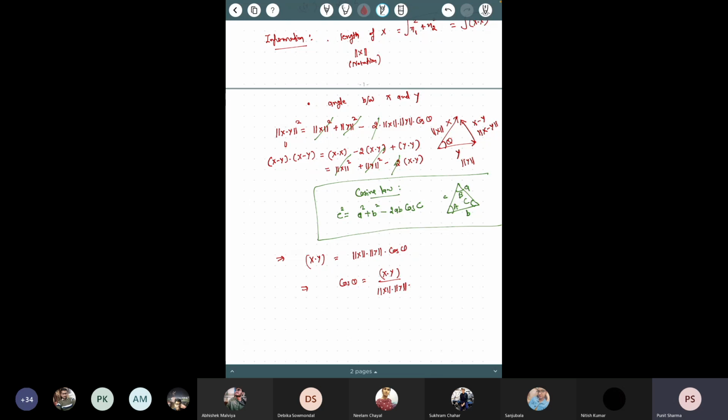Because the elements of a vector space can be treated as vectors, and for them also the question is whether we can have this notion of size or length of a vector, and angle between two vectors. So can we extend this notion of length and angle to general vector spaces? This is the question we want to answer.